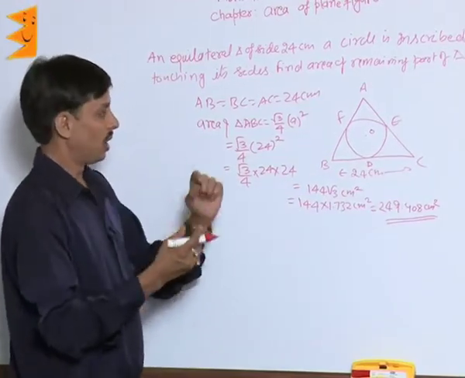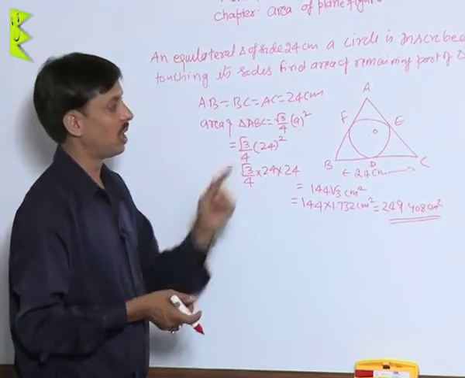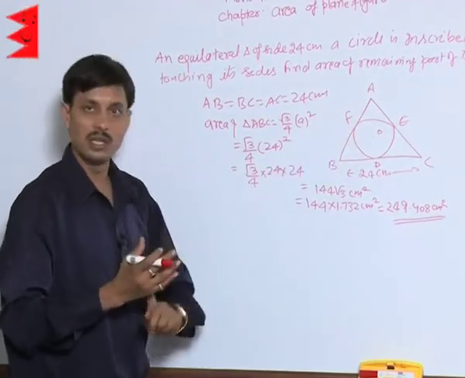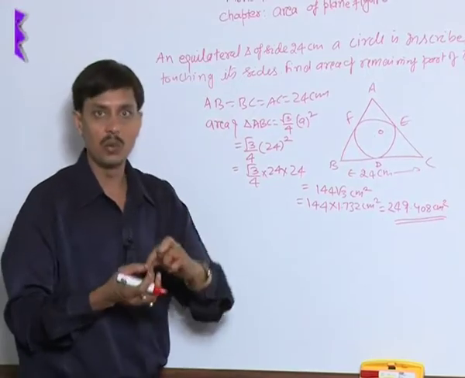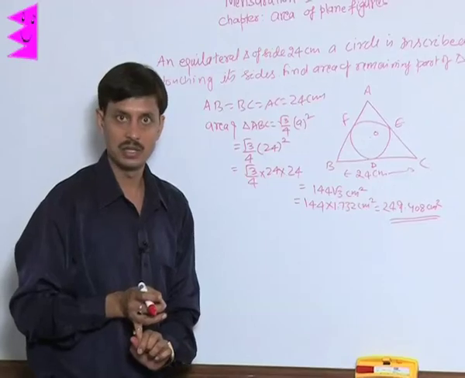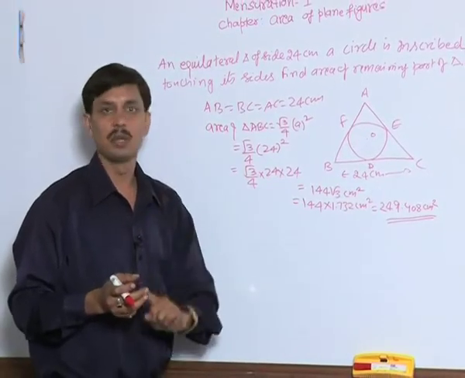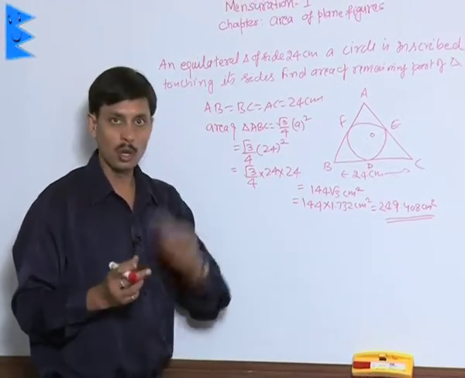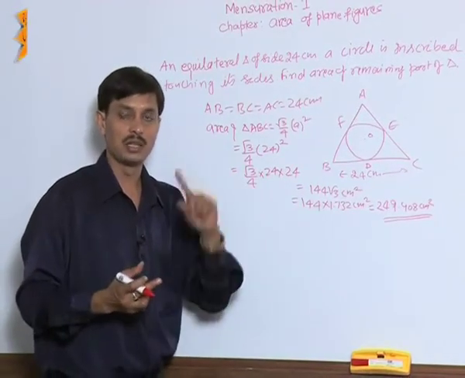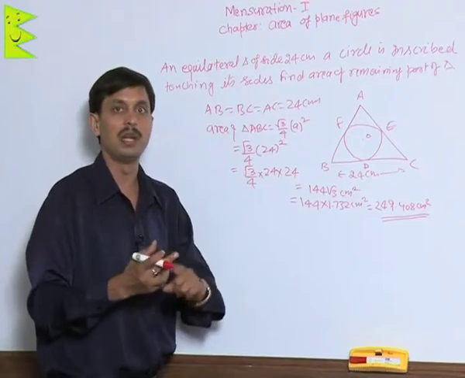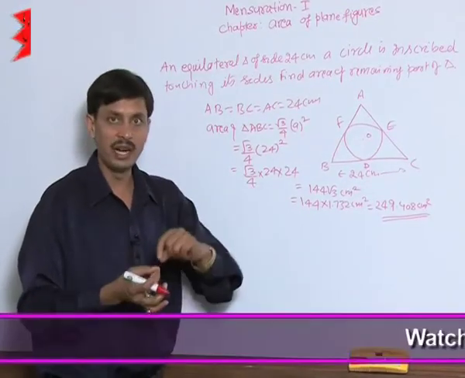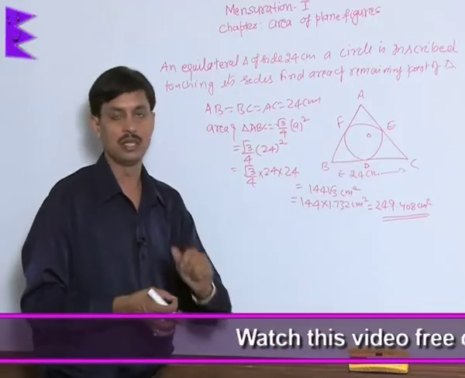Number 1. Now the $1 million question: how to calculate the radius of this incircle. The triangle is equilateral, and in an equilateral triangle, the centroid, that is the meeting point of medians, the incenter, the meeting point of angle bisectors, the orthocenter, the meeting point of altitudes, and the circumcenter, the meeting point of all perpendicular bisectors, coincide. It is the same point, and that is the center of the incircle.